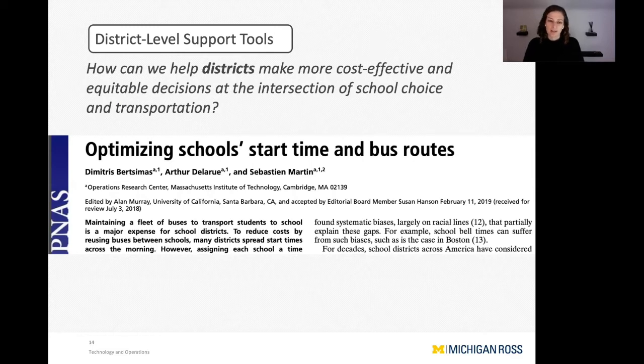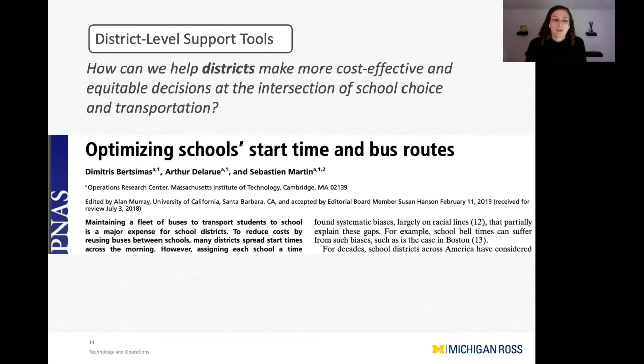Boston's setting here is unique amongst cities in that it provides a full choice system and transportation and busing. Chicago, for example, has choice, however, there's no free transportation. And so parents are constrained in some way, like they don't want to send their kid all the way across the city because they don't get a free bus ride every day to do that.